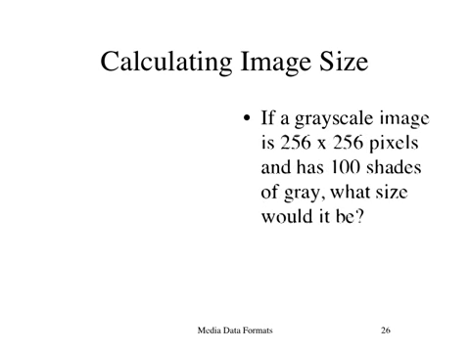What if it was 256 pixels by 256 pixels and had 100 shades of grey? So how many pixels do we have? And then how many bits do we need for each pixel?